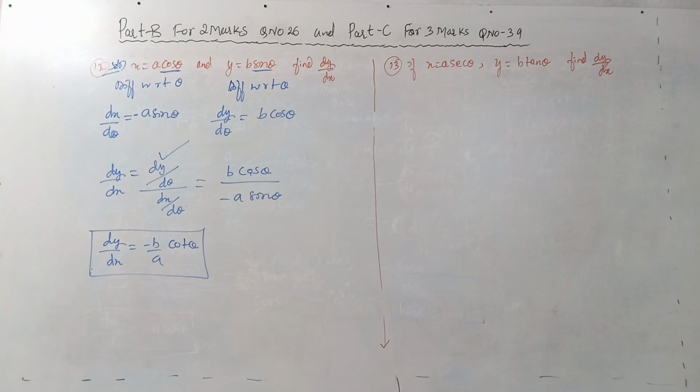So the next one, last one: if x is equal to a sec theta and y is equal to b tan theta, find dy by dx.